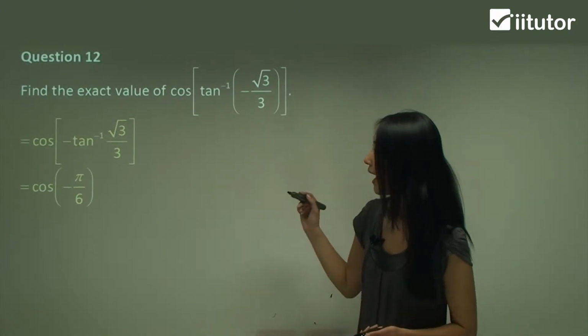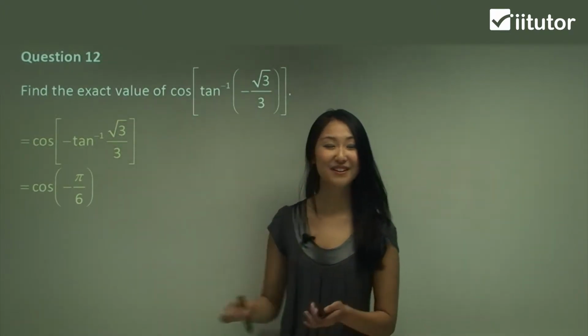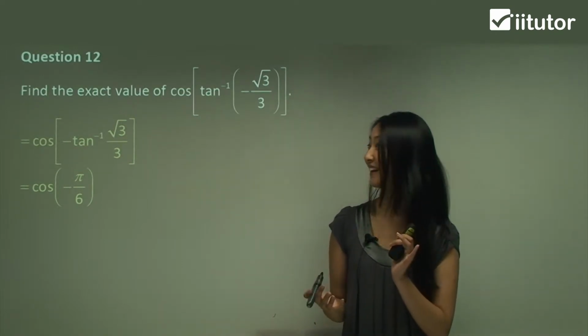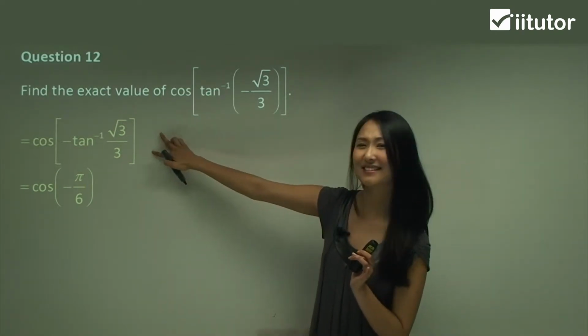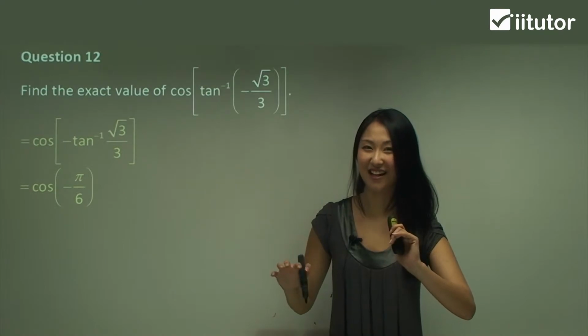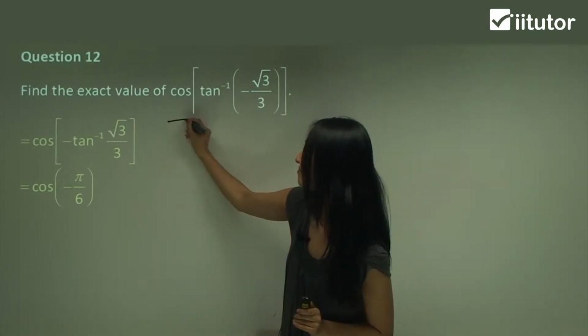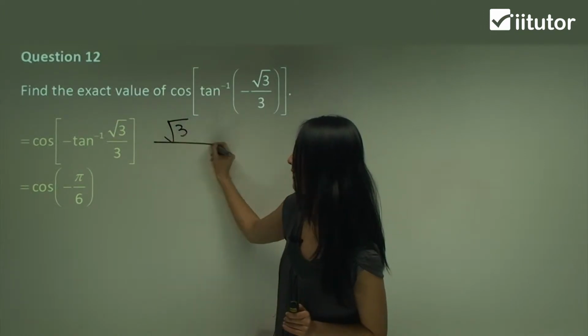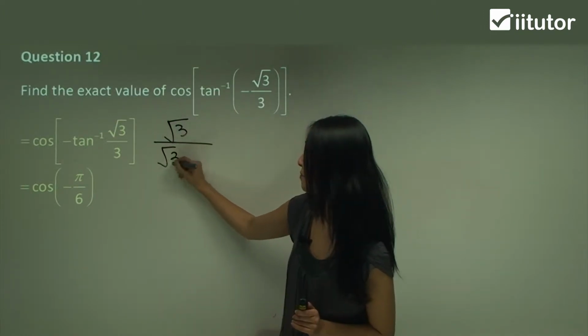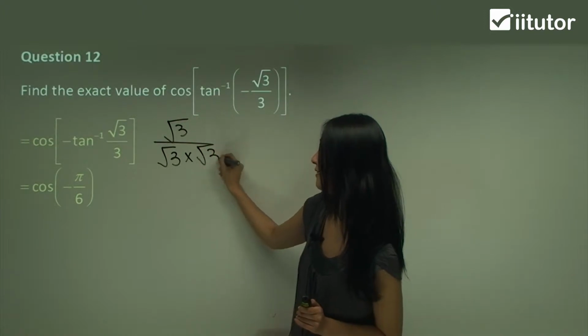And how did I get from this step to that step? So I want you to have a think about that before I let you know. So this doesn't look quite like an exact value, but how can I make it that? Well, square root 3, let's make the 3 on the bottom into square root 3 times square root 3.